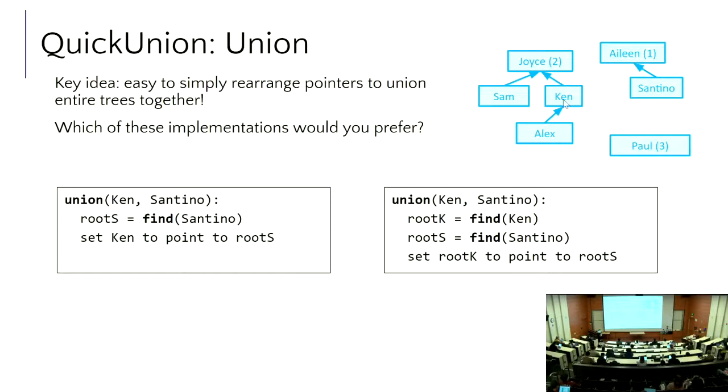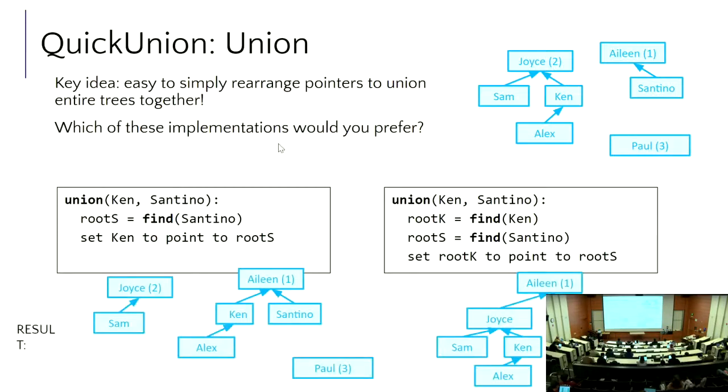Like I could just move Ken over, right? But if this is our starting state, you can see that I took Ken off of Joyce and pointed him at Eileen, but that's not the functionality that I want. I didn't want to just move Ken over. I want to move everyone that is currently married to Ken, or in a family with Ken, or in community with Ken. All of them need to move over as well.